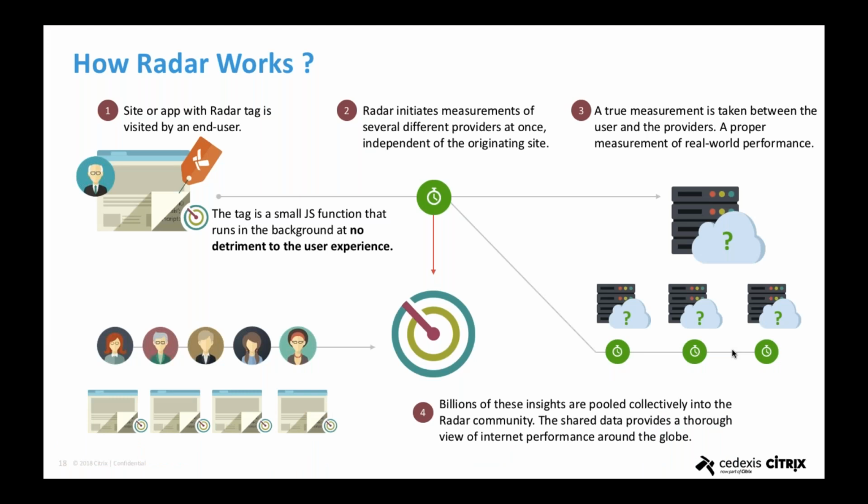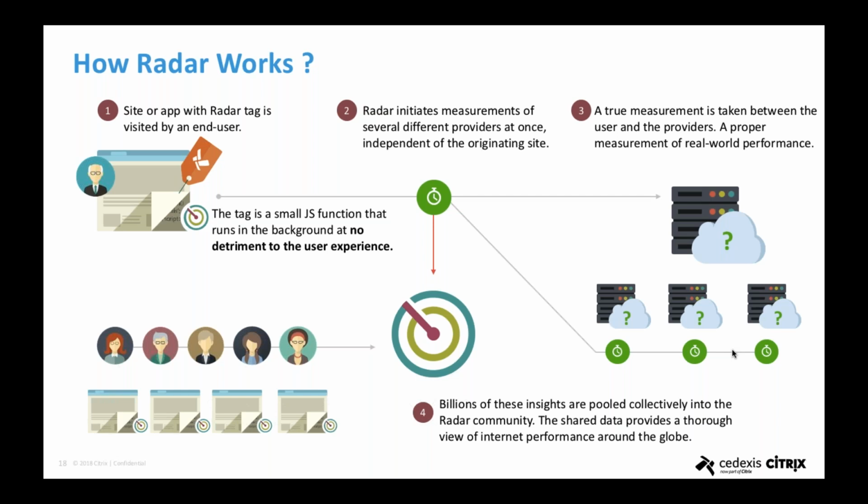So when you go on LinkedIn, for instance, and open the page, when the page is fully loaded, the JavaScript tag, which is called the Radar tag, is going to trigger automatically and transparently for the end users. We start collecting data, which means we start to measure the major CDNs, clouds or data centers. We collect this data in real time and are able to use it in traffic management.